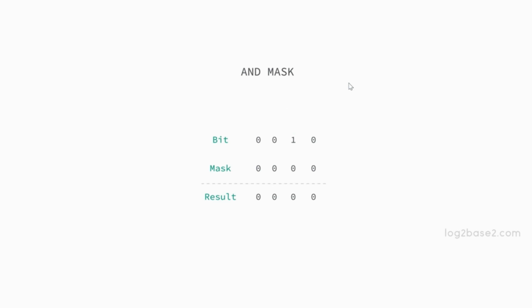Now see another example. We want to check if the fourth bit is set, and for that we need mask equal to 1000, and when we perform bitwise AND, we get 0. So we can infer that the fourth bit was not set. This is how we can apply bitwise AND here.